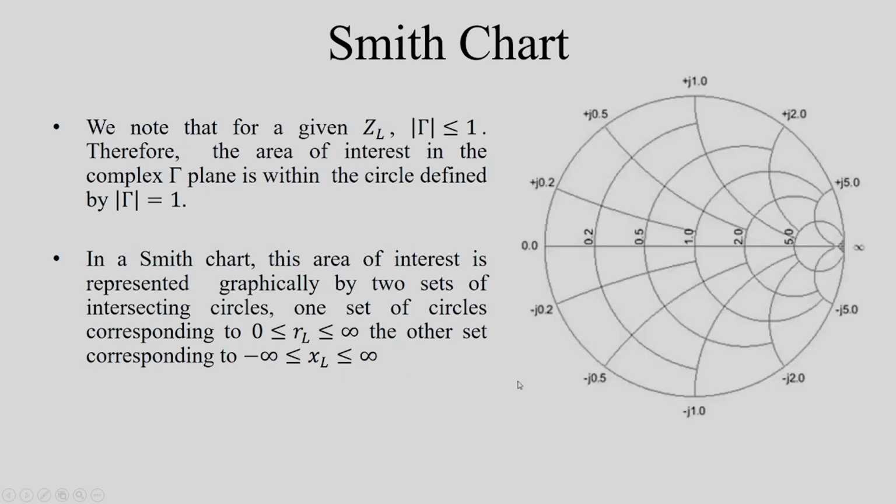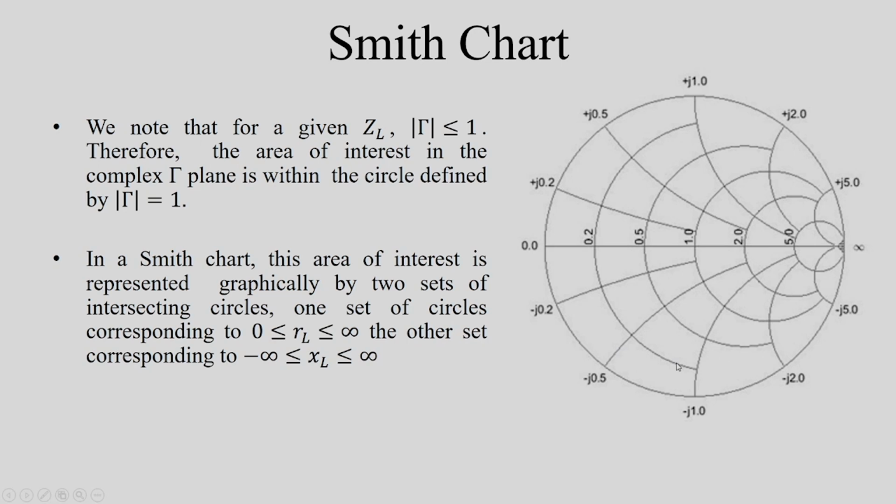So, if we draw these circles, the Smith chart will look as shown in the figure, and here you can see that these circles are constant R circles, whereas these arcs, they are part of the constant X circle, and we have the negative values represented here for the reactance part.